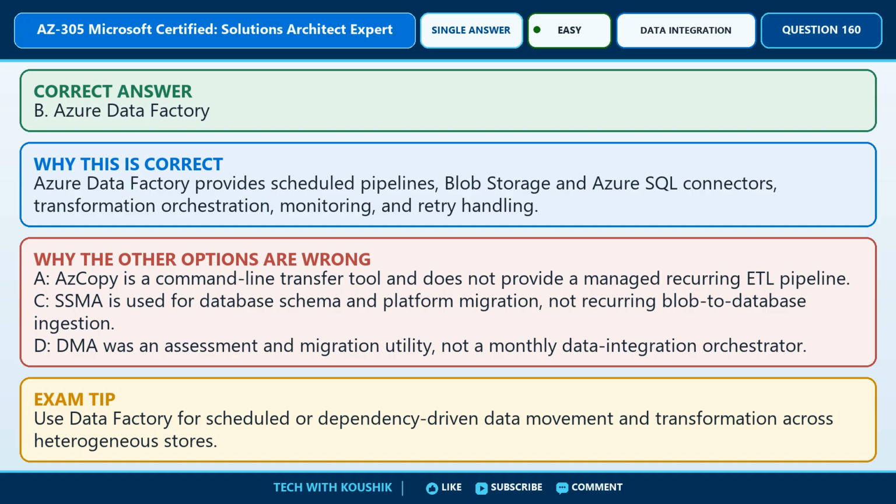C, SSMA is used for database schema and platform migration, not recurring blob-to-database ingestion. D, DMA was an assessment and migration utility, not a monthly data integration orchestrator. Keep this examination point in mind. Use Data Factory for scheduled or dependency-driven data movement and transformation across heterogeneous stores.